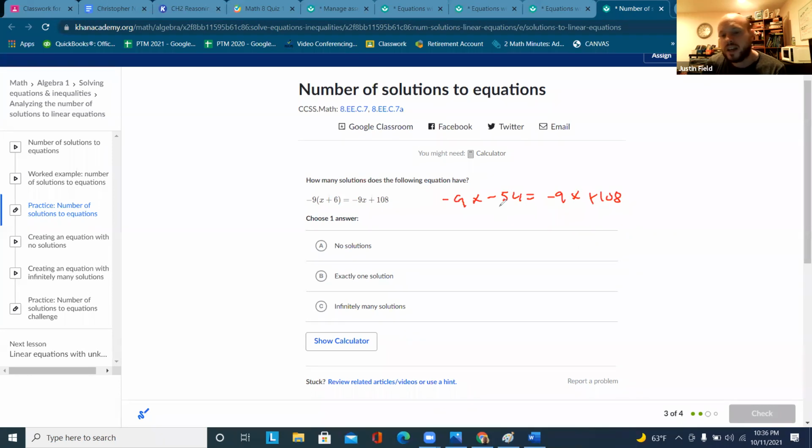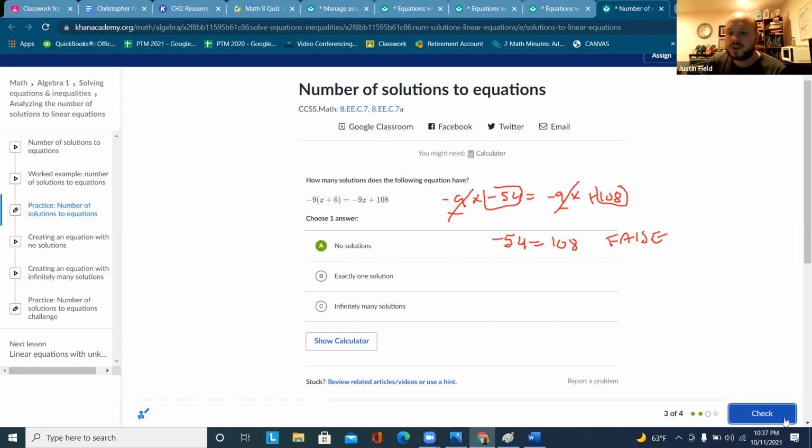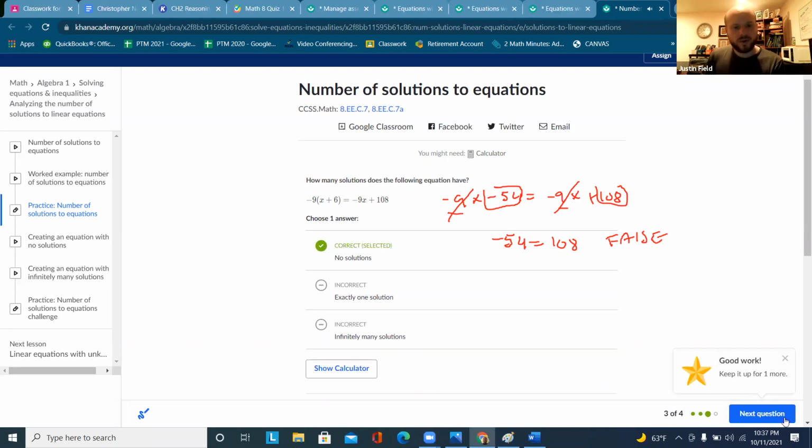So as you can see, the coefficients are the same, but this time the numbers are different. So after these things cancel out, we'd be left with -54 equals 108. That's not right. That's not true. That's false. So because that's false, there is no solutions. Ta-da!